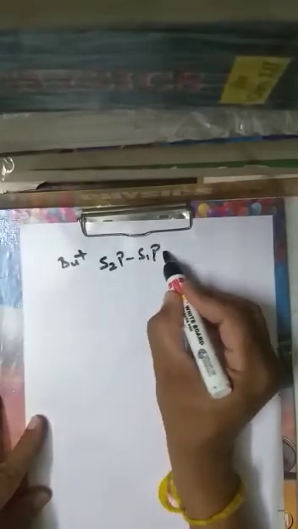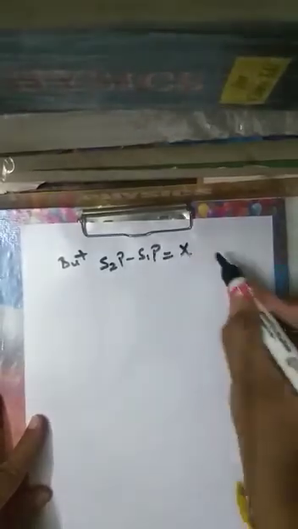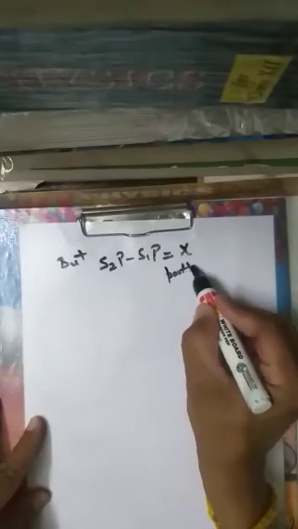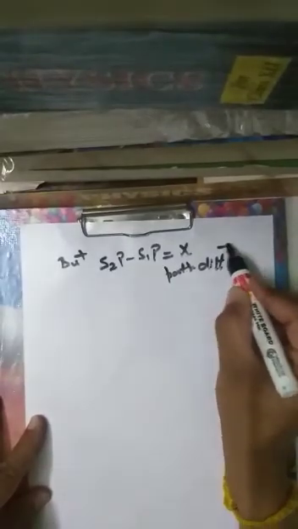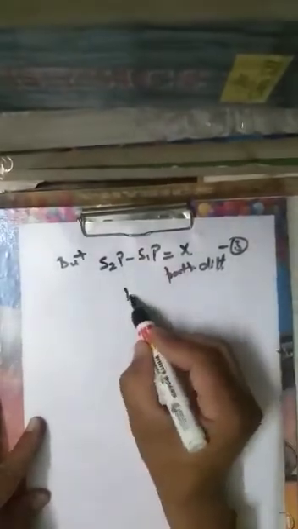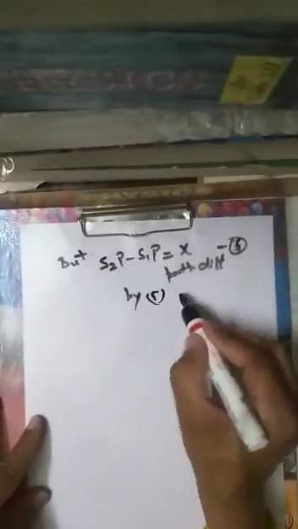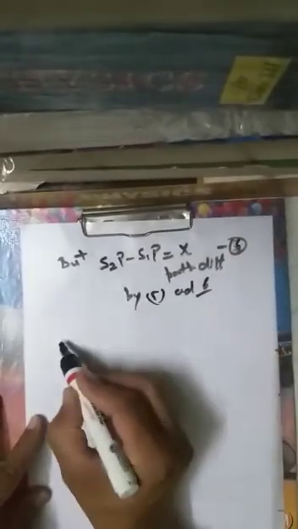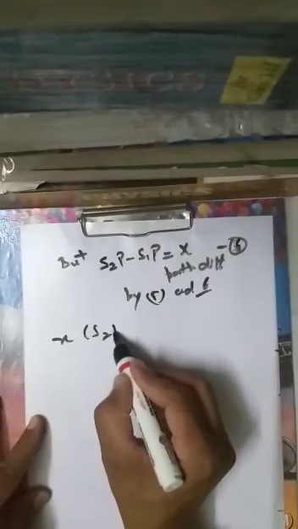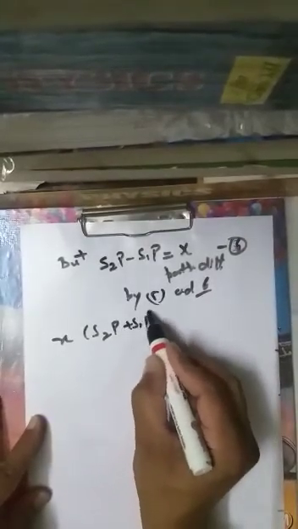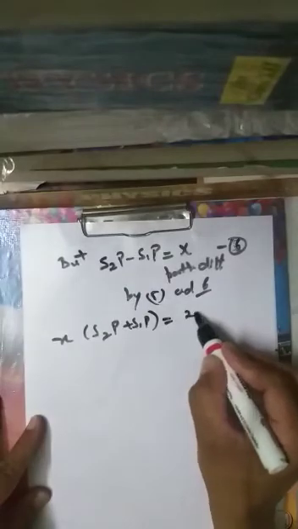But S2P minus S1P is equal to x, known as the path difference, equation number 6. By 5 and 6 we get x into (S2P plus S1P) is equal to 2yd.